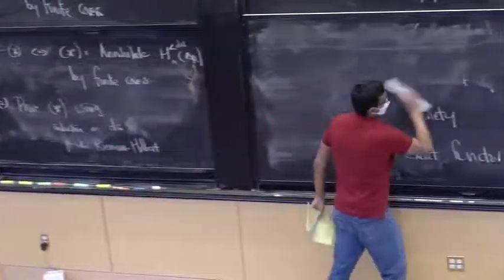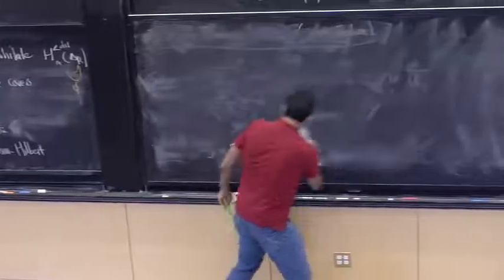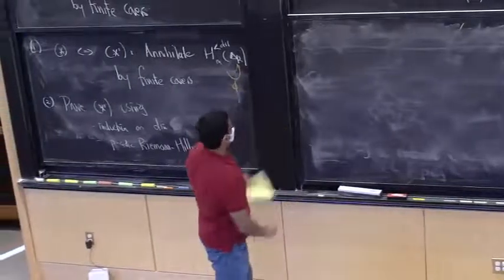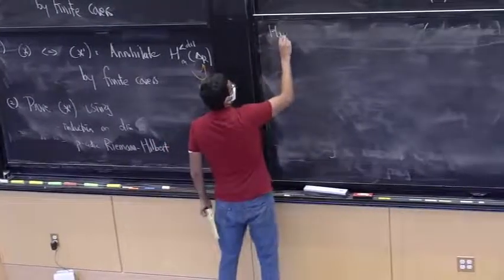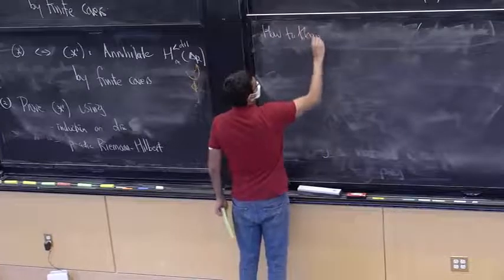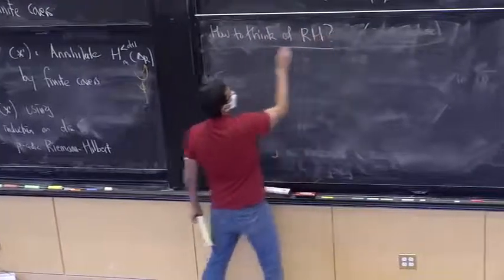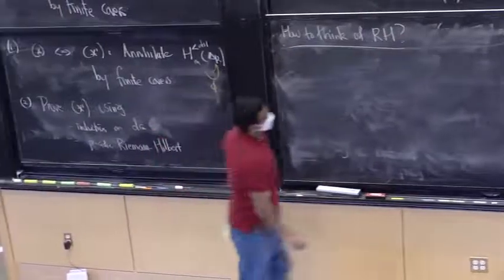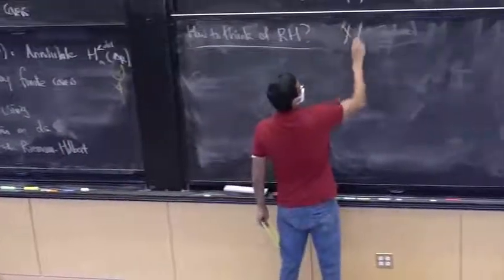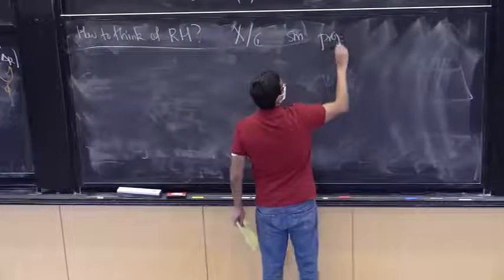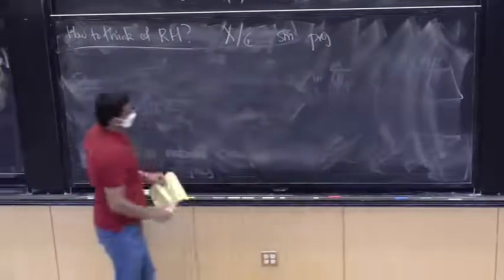And so what this is supposed to be an analog of is the following picture that comes out of the theory of mixed Hodge modules. So how to think of RH. If you have a complex variety, let me just do it in the projective case, smooth projective over the complex numbers.